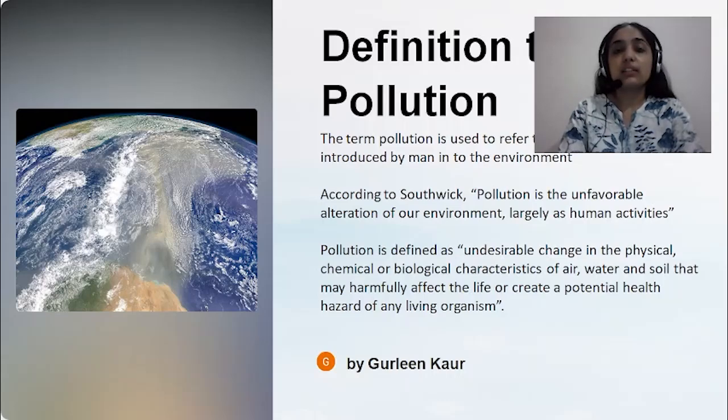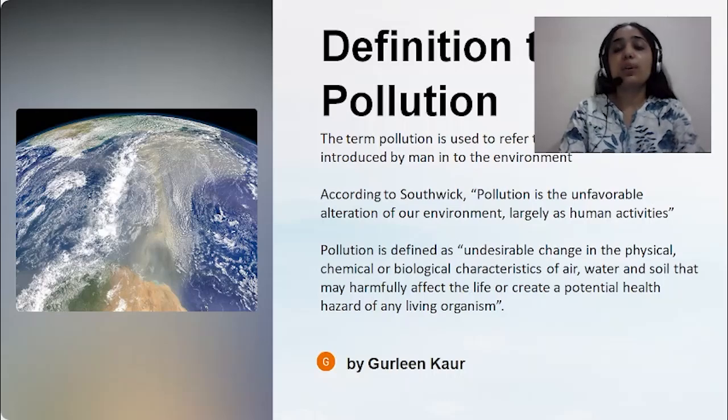Now, this is the definition of pollution given by Southwick. According to Southwick, pollution is the unfavorable alteration of our environment largely as a result of human activity, which means pollution is not a favorable activity, it is an unfavorable alteration of our environment.